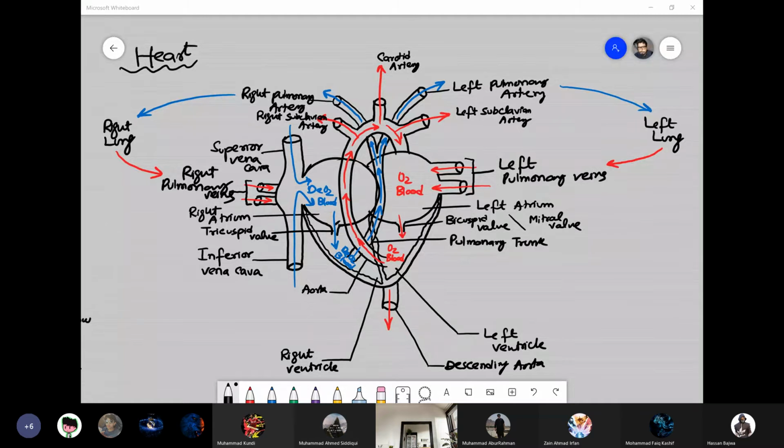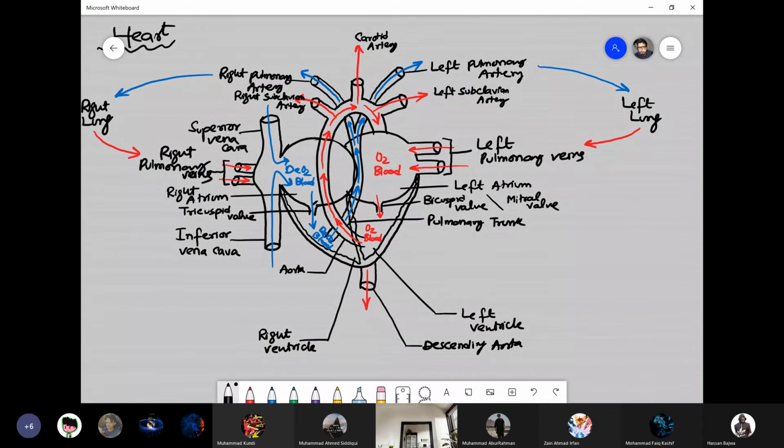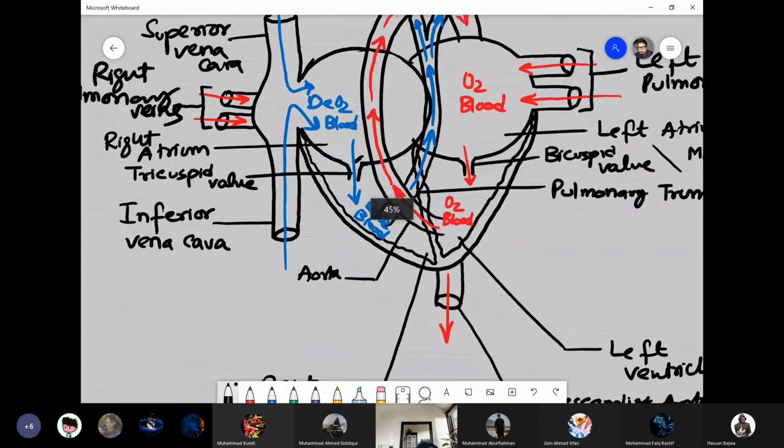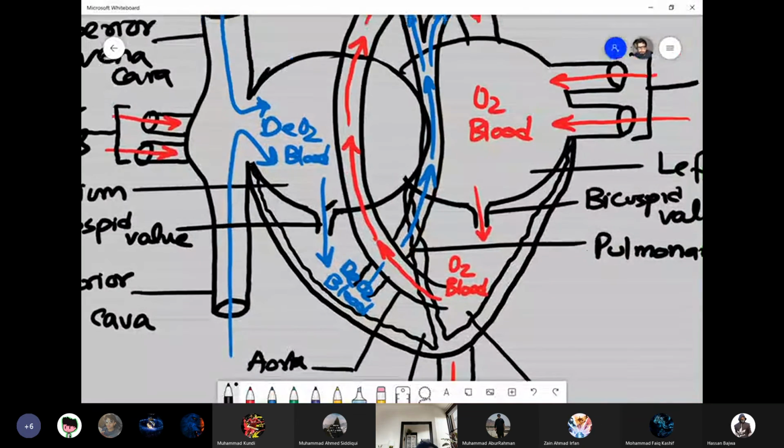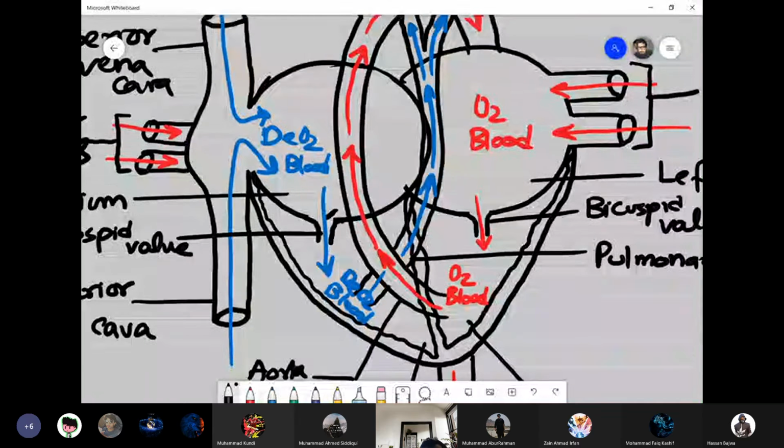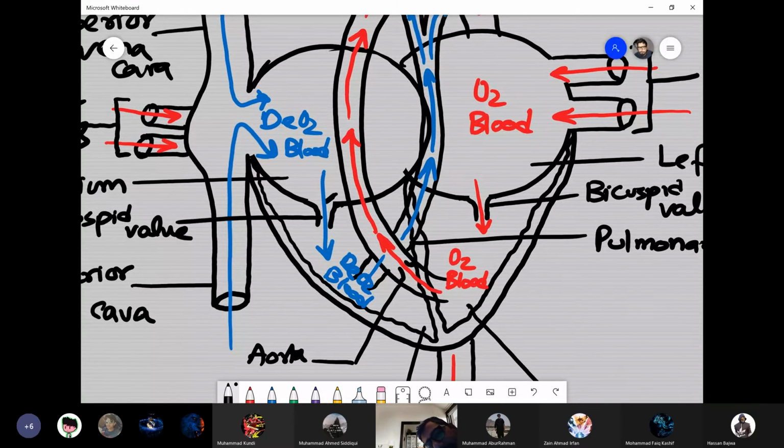Here two more things we need to discuss. There are two more valves which we need to discuss, boys. Look here. This is the aorta. In the aorta, there is also a valve here like this. And in the pulmonary trunk as well, there is a valve here like this.